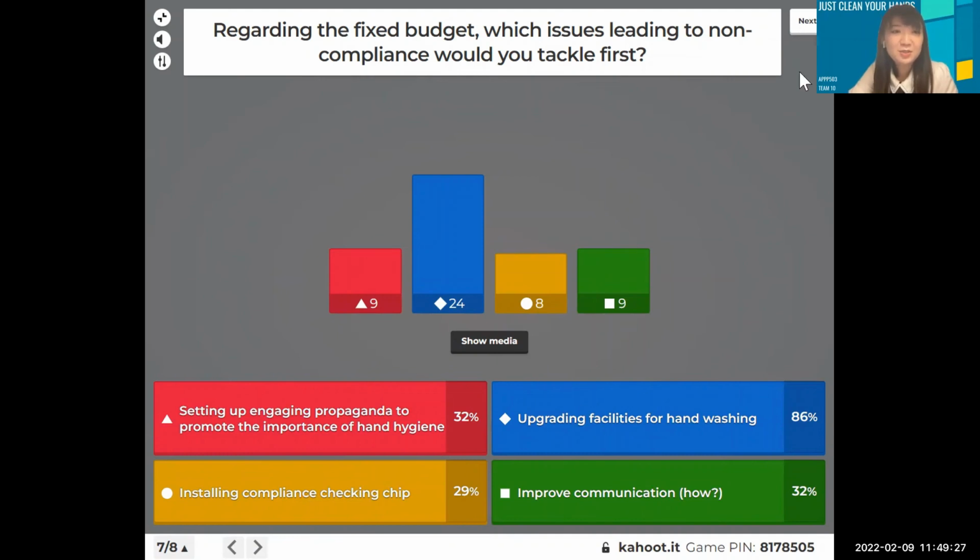So Tsubasa, do you want to share your idea? Yeah, I also picked upgrading facilities for hand washing, and kind of answering Tobias's question here in the chat saying maybe the fixed budget is the problem. Definitely the fixed budget is the problem. I think with budget allocations, money tends to be spent on high profile projects.